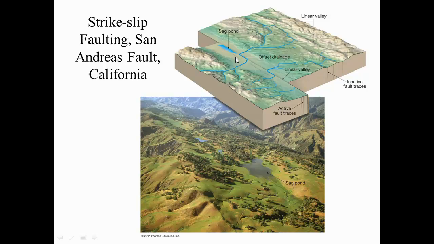And if we were to stand on one block, for example, the block to the left, and look across to the block towards the right, notice that the streams are offset towards the left. And now, if we were to do it in the opposite direction, if we stood in the other block and looked across to the block to the left, we would still get that sense of offset to the left. And as a result, by definition, this would be a left lateral strike-slip fault. Okay?